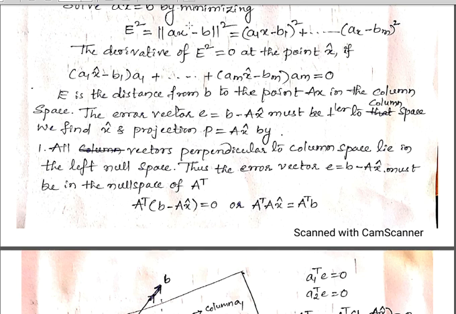It is the same E value, but as we are thinking of the magnitude, Ax - B can be written as B - Ax. So we are using the B - Ax form in finding those least square problems.